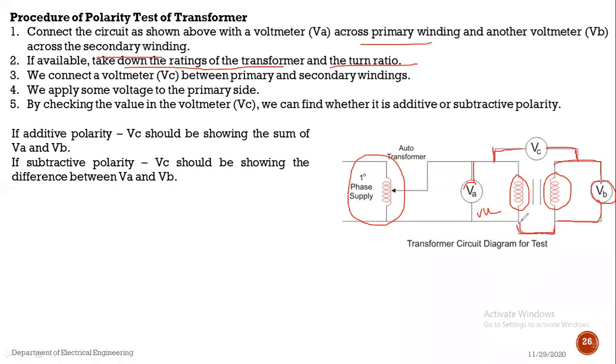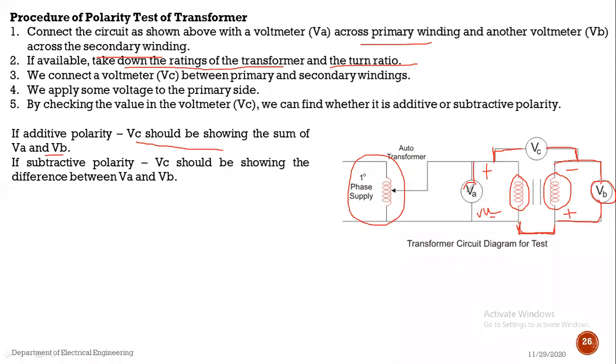Short केले. That means these two terminals are connected directly. See, if additive polarity, the VC should be showing the sum of VA and VB. ज्यावेळेस additive polarity असेल, additive polarity म्हणजे इथली polarity plus, here it is minus, this polarity is minus, this polarity is plus. It is nothing but additive polarity.